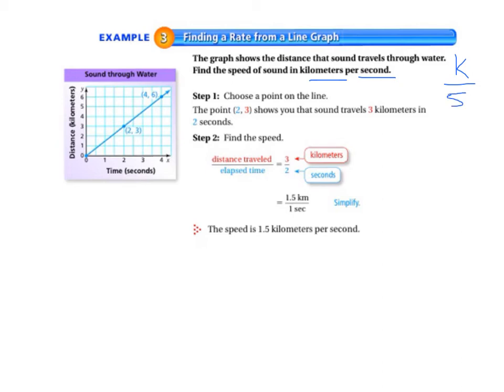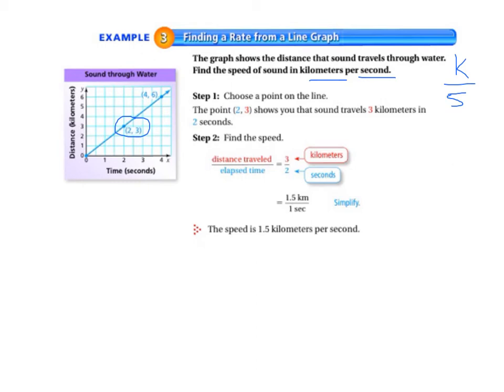So step one is we choose a point on the line, and the book chose for us point 2, 3, and it shows that sound travels 3 kilometers in 2 seconds.